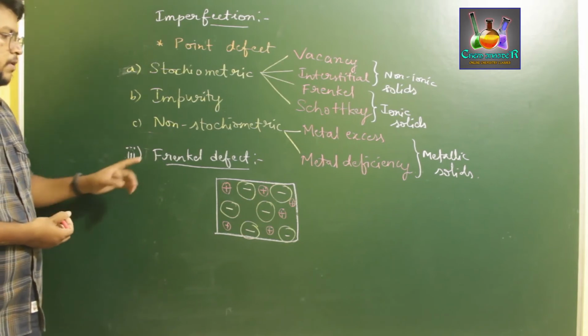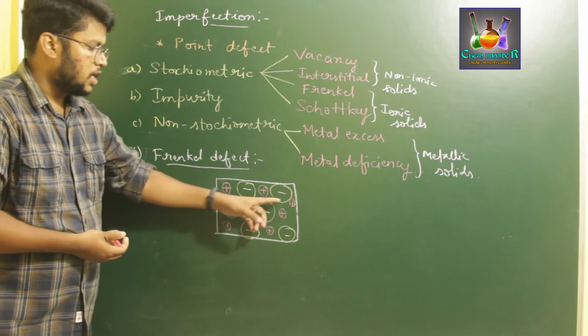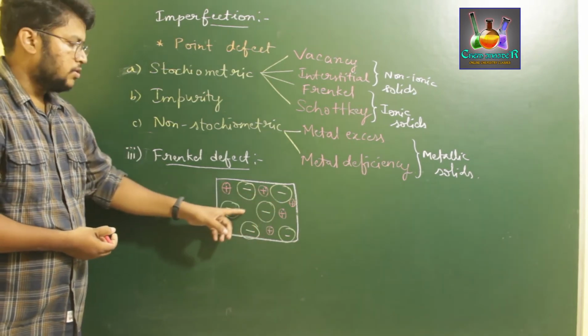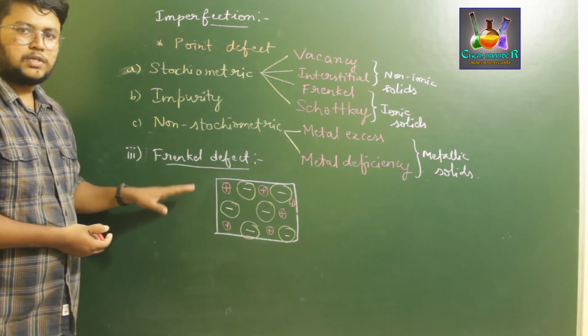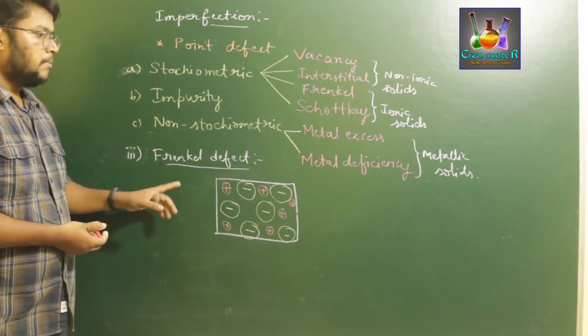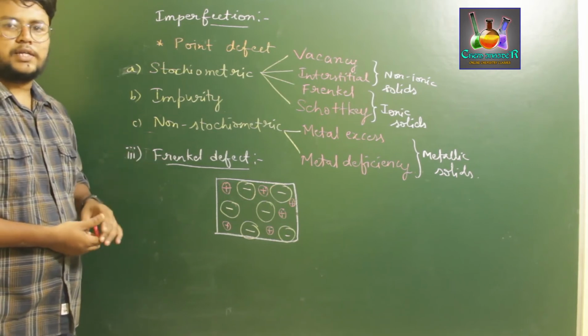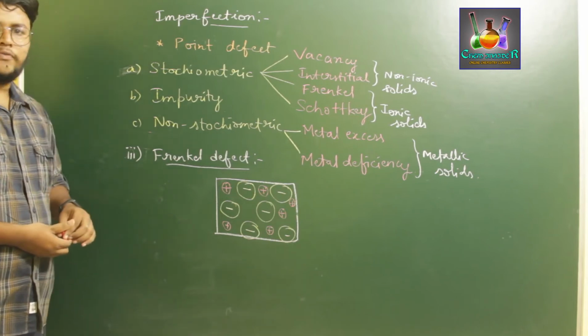Further, if you observe correctly, Frenkel defect does not have any change in charge, so there is no change in charge density. There is an equal number of cations and anions as in the earlier cases. But in case of Schottky defect we find something different. This is about the Frenkel defect.